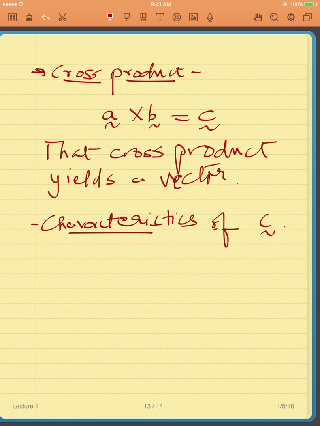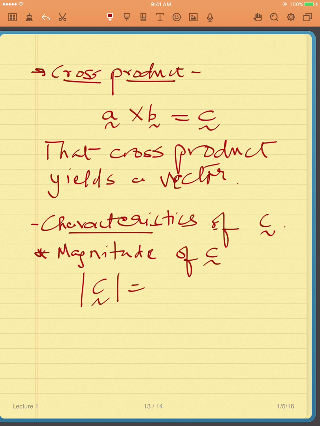One is the magnitude. The magnitude of C, which can be denoted as two bars with C in between, is the magnitude of A multiplied by the magnitude of B. So those are two scalar quantities, times the sine of theta AB. Let me write that again a little more clearly.